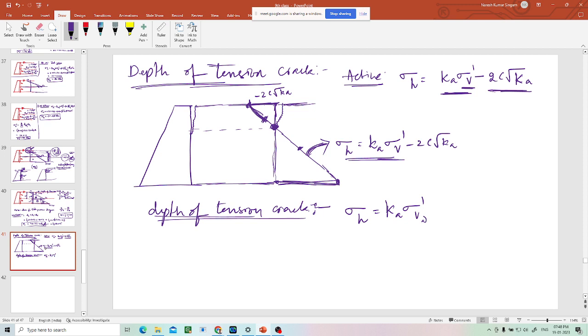Sigma v dash at that particular depth minus 2c root Ka equals 0. So now gamma dash or gamma bulk, whatever it is, then z, I'm talking about this. Sorry, just a minute.